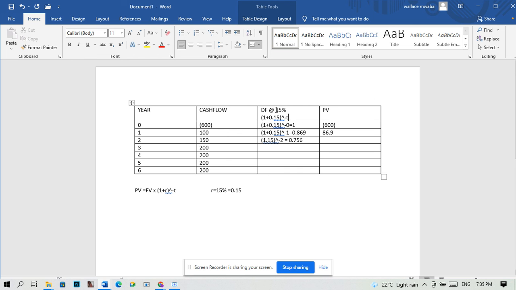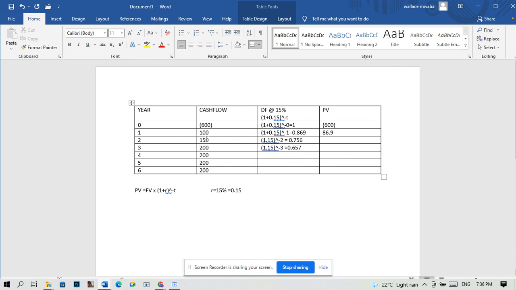You just go to the discount factor at 15%, and it will give you all these values. Next, we're going to get 1.15 to the power negative 3, which gives 0.657.